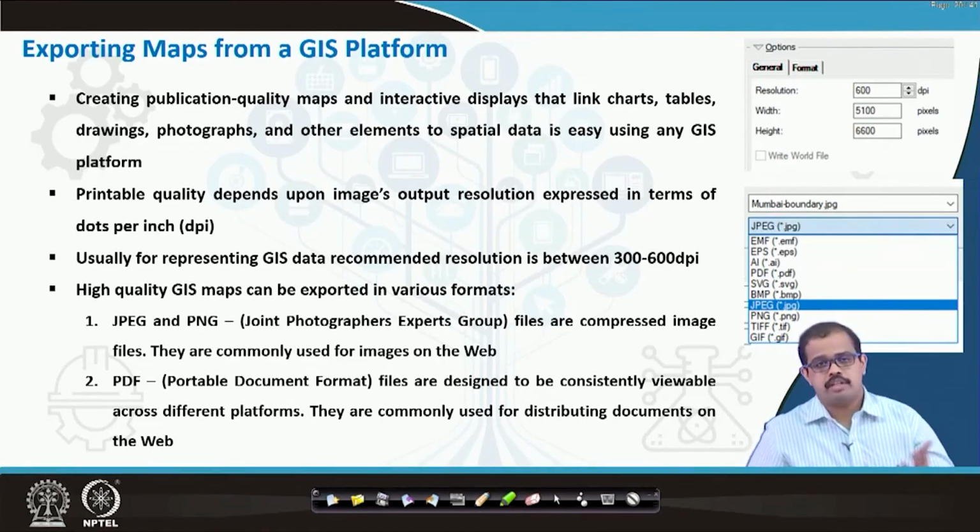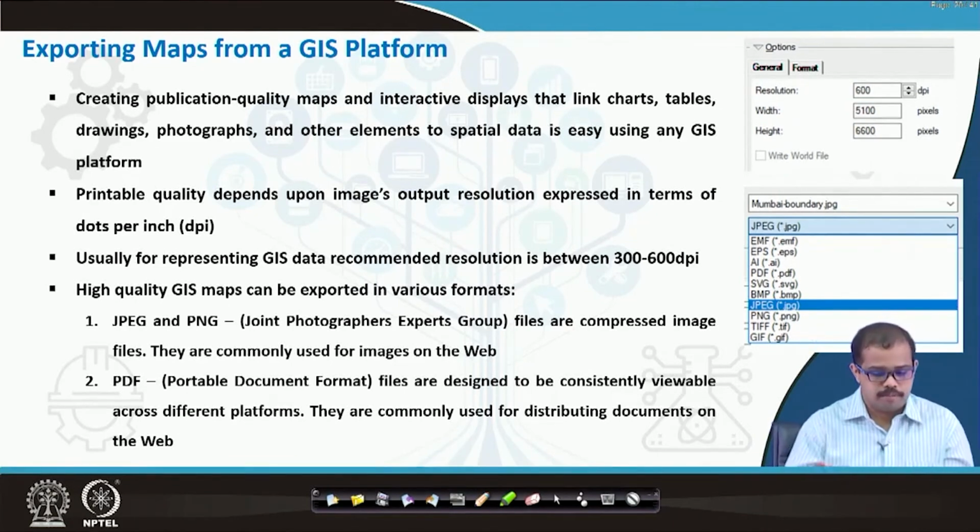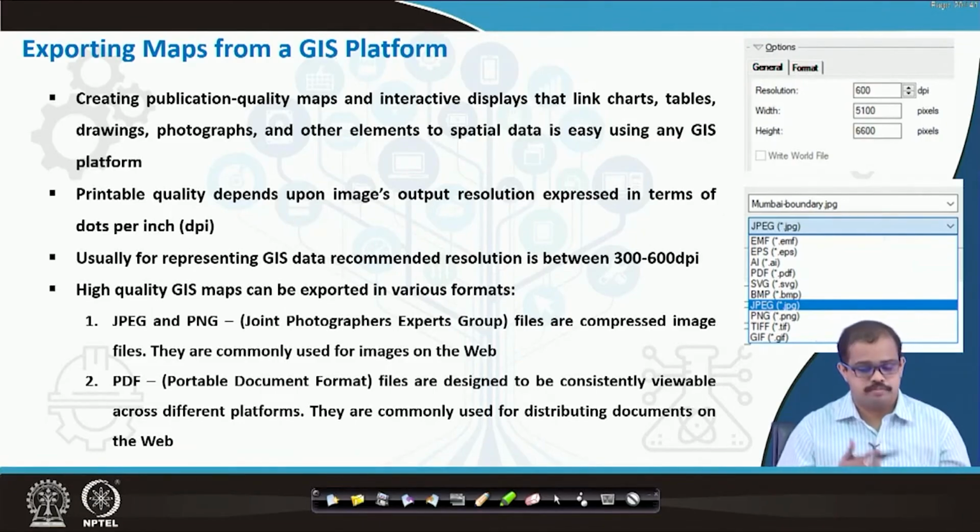Easily it can be exported into any kind of format. You can even set the amount of depth of information that you need and what kind of format. For example, maps are now even represented as PDFs, the Portable Document Format, which gives you a consistent view across platforms.